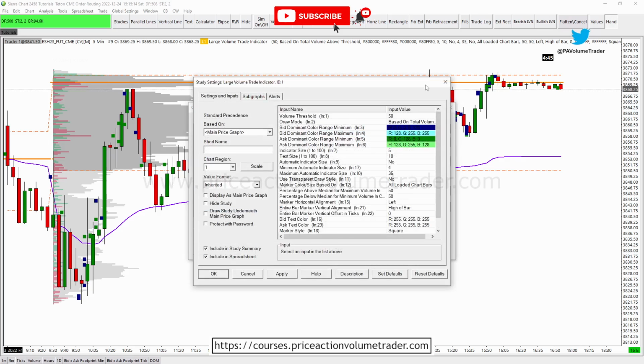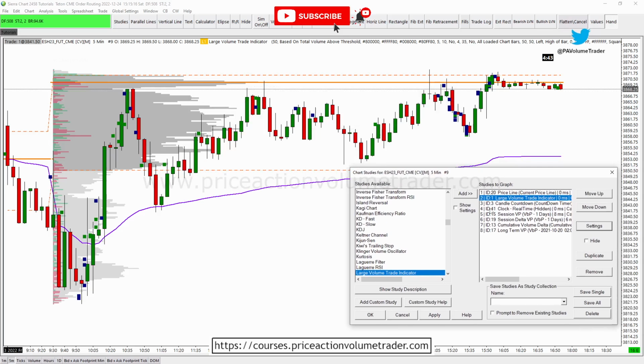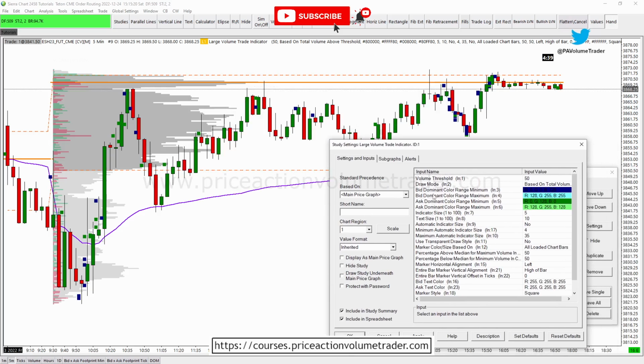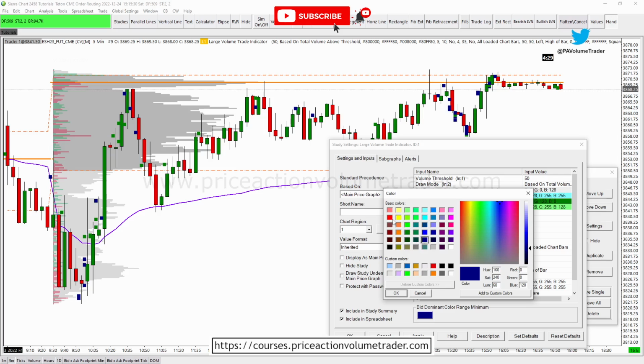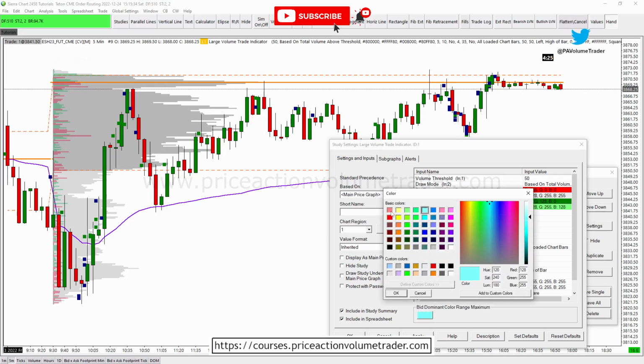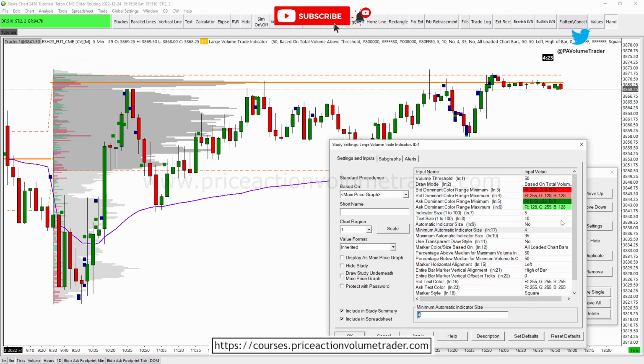into the settings, let me get this out of the way. In this case, since we know that the executed market orders on the bid are sellers or aggressive bears, I like to make this red. So I'll just put this here in red. I'll put this here maybe in pink.